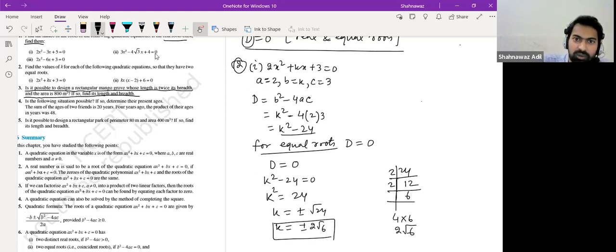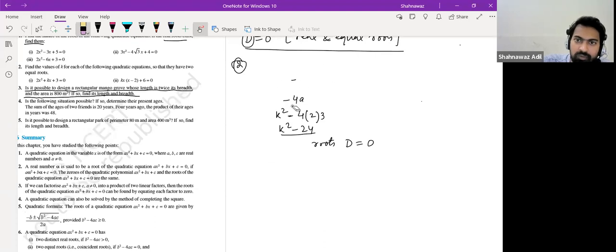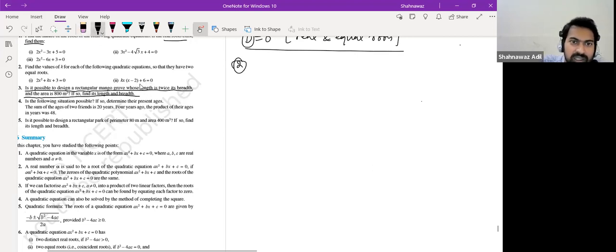Okay, so the next question. You can see that this is not a quadratic equation, right? This is not the general form of the quadratic equation, right, Madhya?